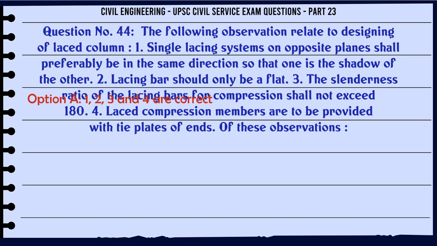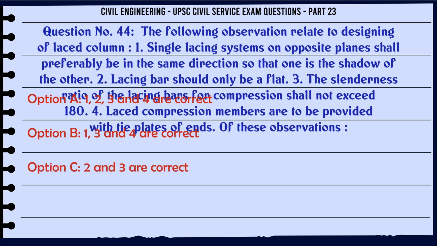The following observations relate to designing of laced column. 1. Single lacing systems on opposite planes shall preferably be in the same direction so that one is the shadow of the other. 2. Lacing bar should only be a flat. 3. The slenderness ratio of the lacing bars for compression shall not exceed 180. 4.